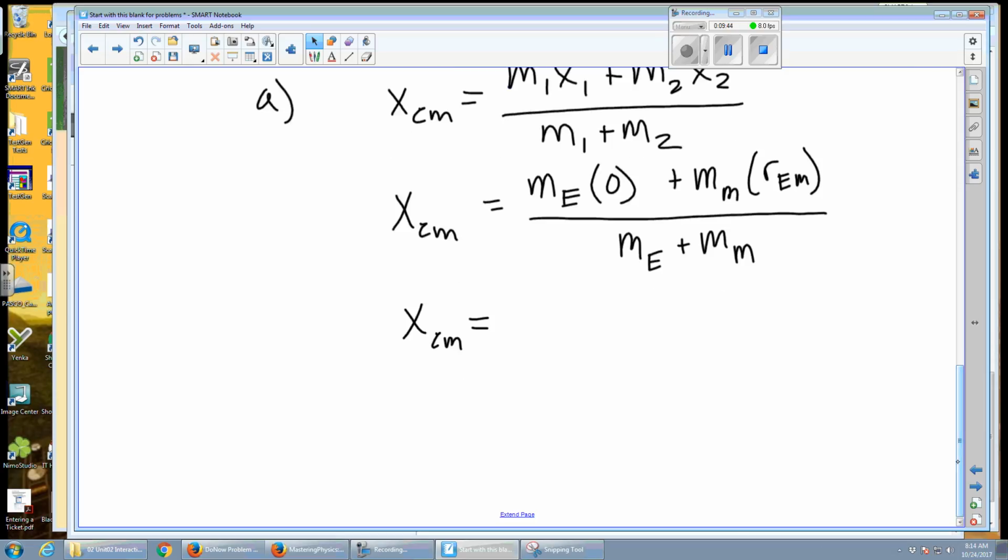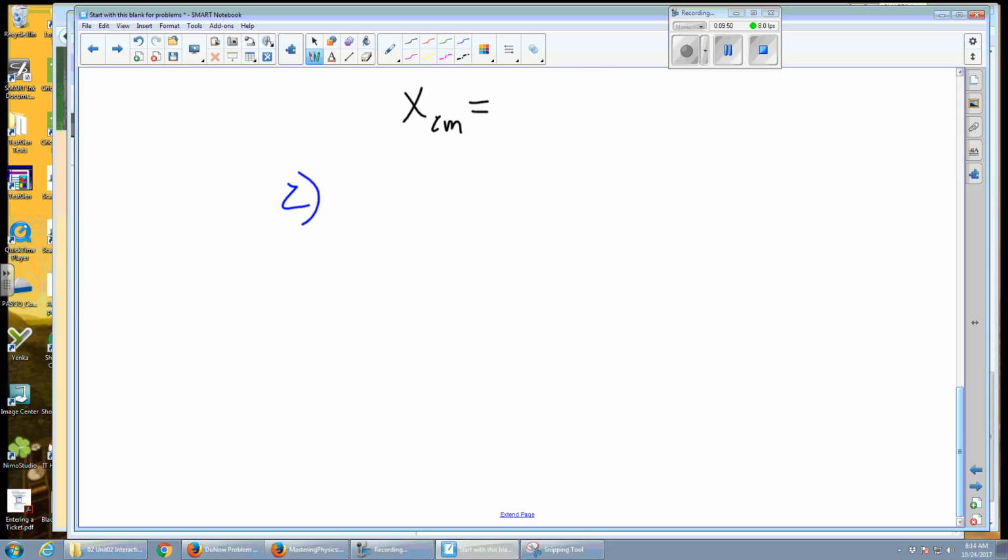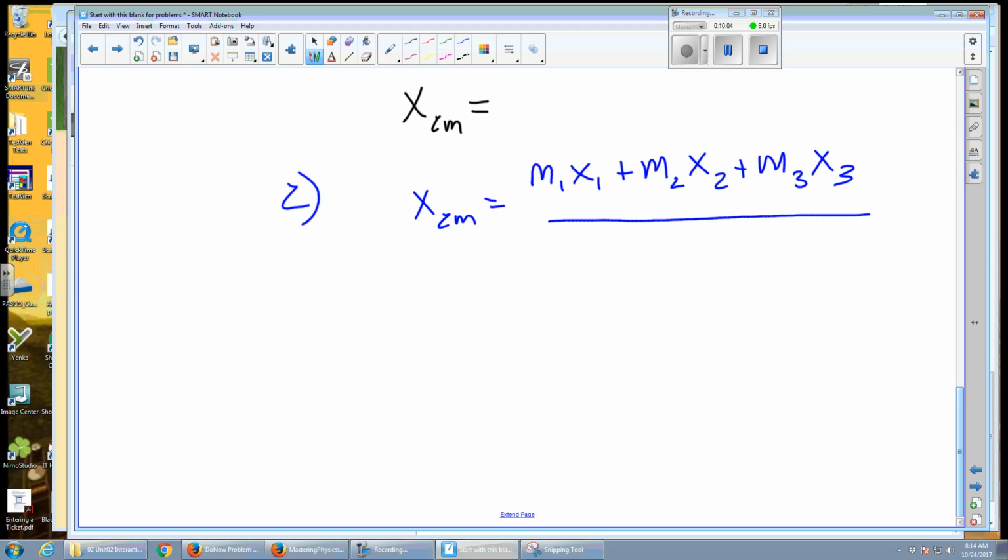So B is that multiple choice. Part C uses our same equation, this time with 3 things, so I'll rewrite it. M1 x1 plus M2 x2 plus m3 x3 over the sum of the three masses.